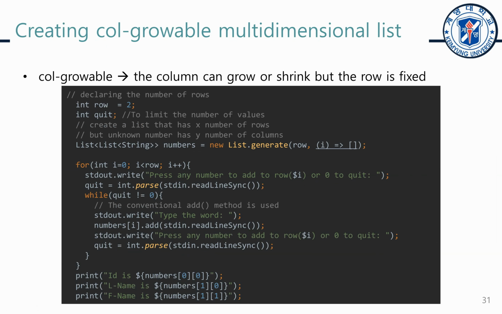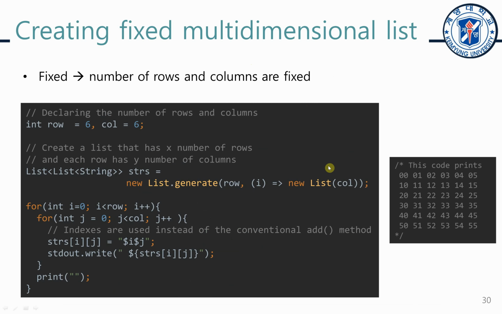We can create a growable list. That means the column can be growing. So here in this case, we have a column-growable multi-dimensional list. Instead of limiting the number of columns, in this case you can see that the number of columns is col, and col is 6.